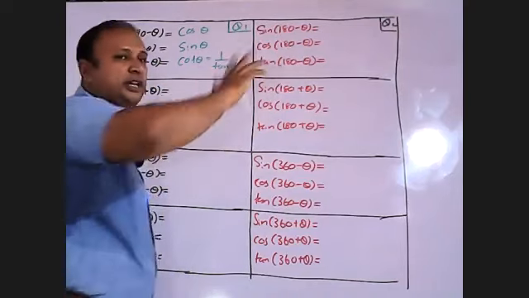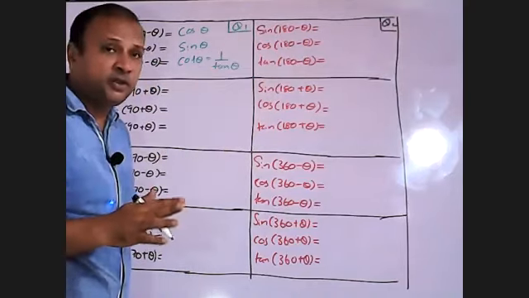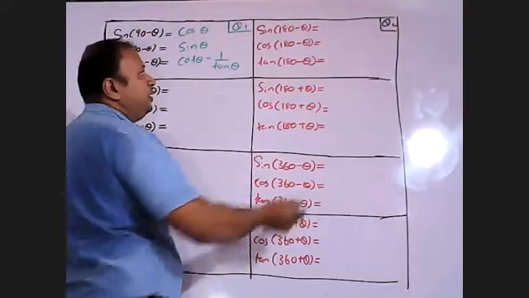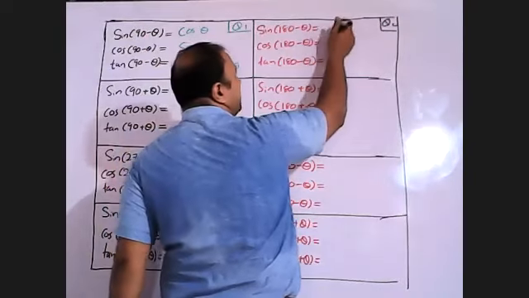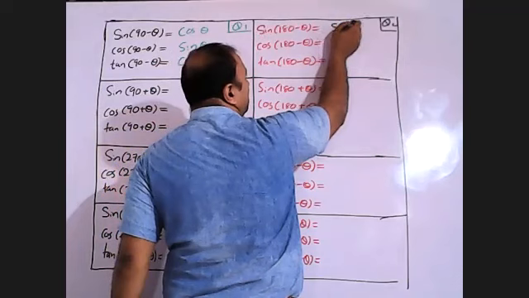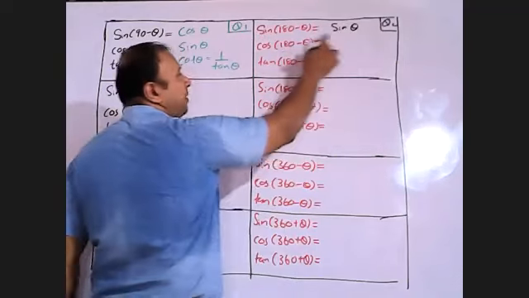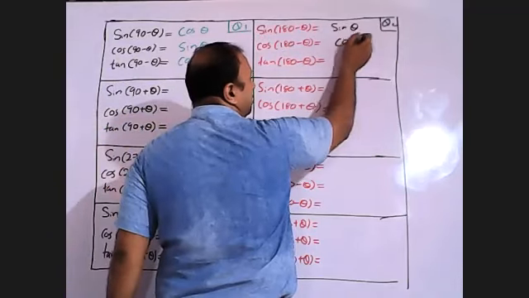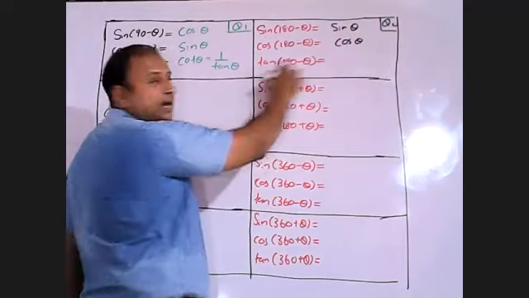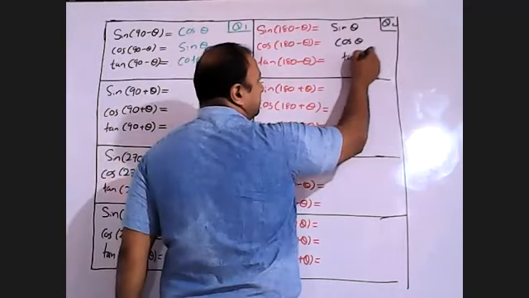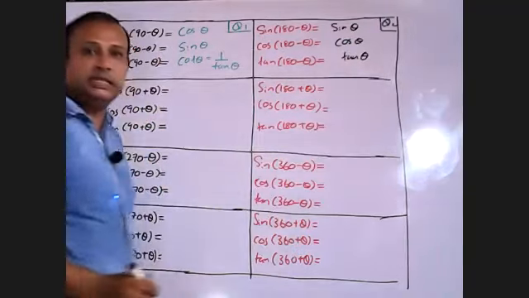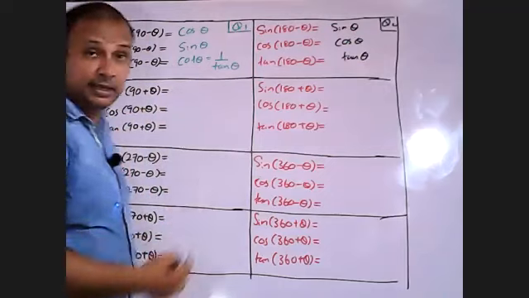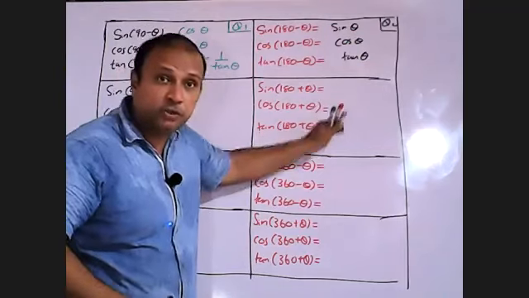If it is an even multiplication, the trigonometric ratio does not change. Sine remains as sine, cos remains as cos, tan remains as tan. Now you have determined the magnitude.